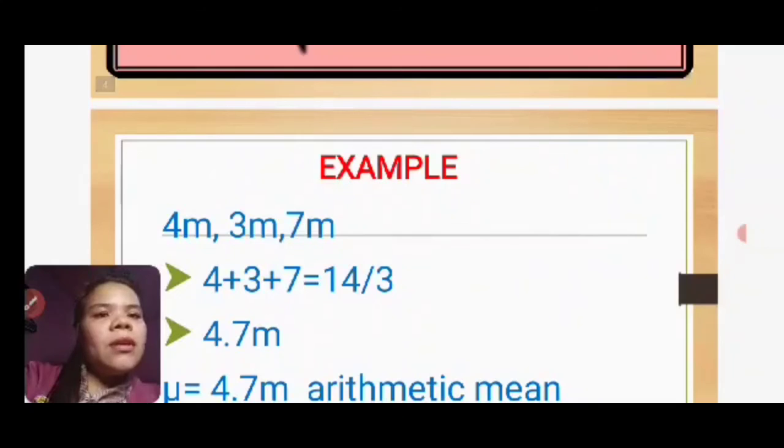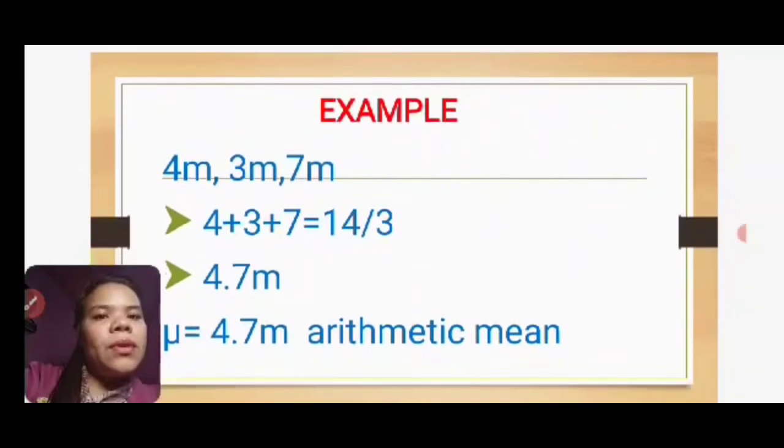So, here is the example: 4 m, 3 m, and 7 m. How to get the mean is we add the 3 samples. The 4 plus 3 plus 7 is equal to 14, then divided by the size of the population or the number of samples, which is 3.